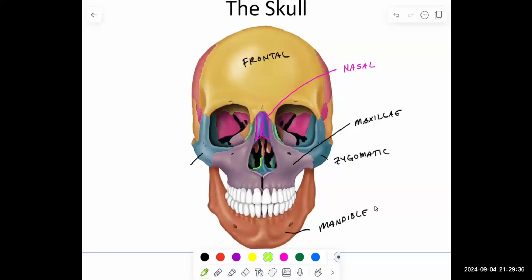The lower part, this bone is your vomer. It makes the lower septum, the lower half. The upper half, ethmoid, in yellow.